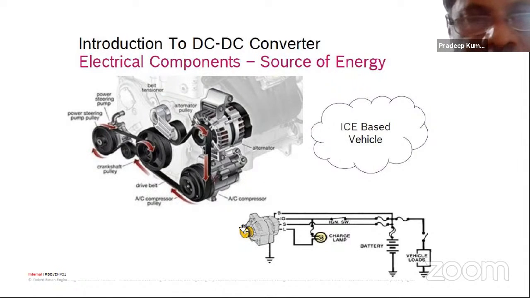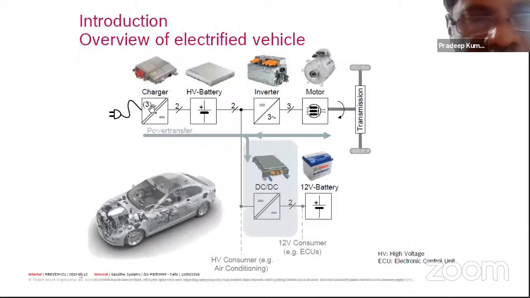You can see the picture here. You have the high voltage battery here. This is typically 400 volt. In this particular car, it is 384 volt. This voltage is DC, and then it goes through DC to AC conversion and goes to the motor in the normal path.